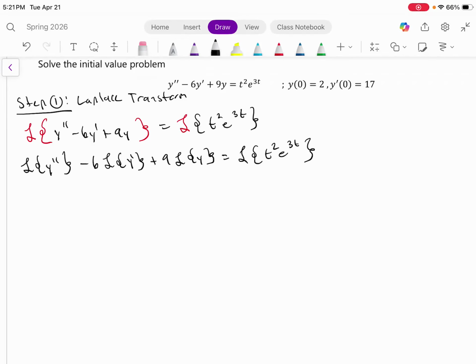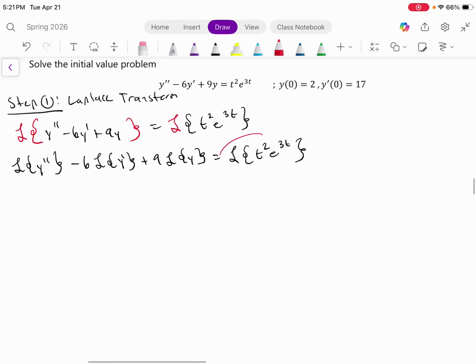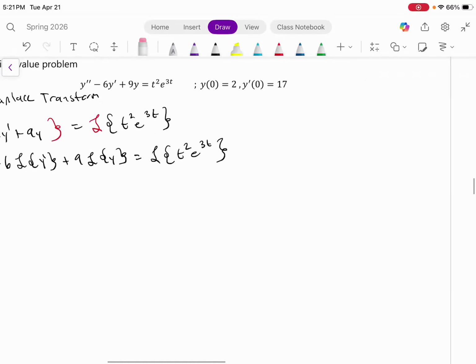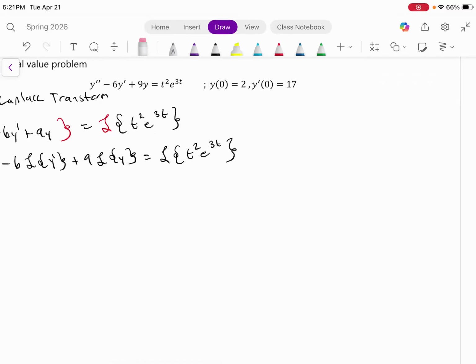So this right here on the right-hand side, t squared e to the 3t, before we learned the first translation theorem, this would have been quite a handful to solve using the regular Laplace transform definition, but we have the first translation theorem that will help us out. So let's come off to the side here and figure that out.